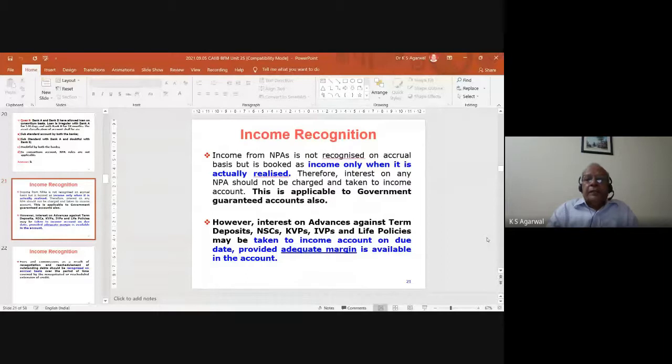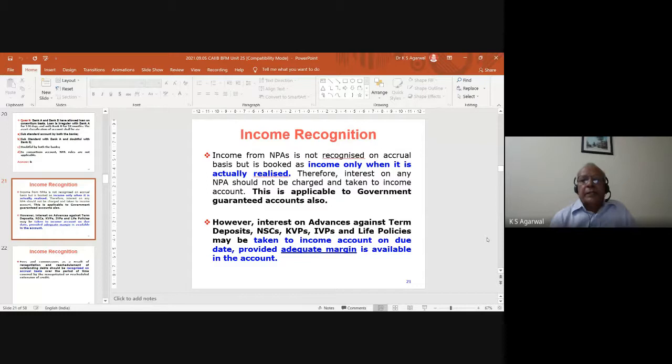Income from NPAs is not recognized on accrual basis, but is booked as income only when it is actually realized. So after date of NPA, I do not apply interest on contractual intervals, like monthly or quarterly or half yearly, whatever it is. Only when some recovery is there in the account, then I will debit the account and take it to the income.